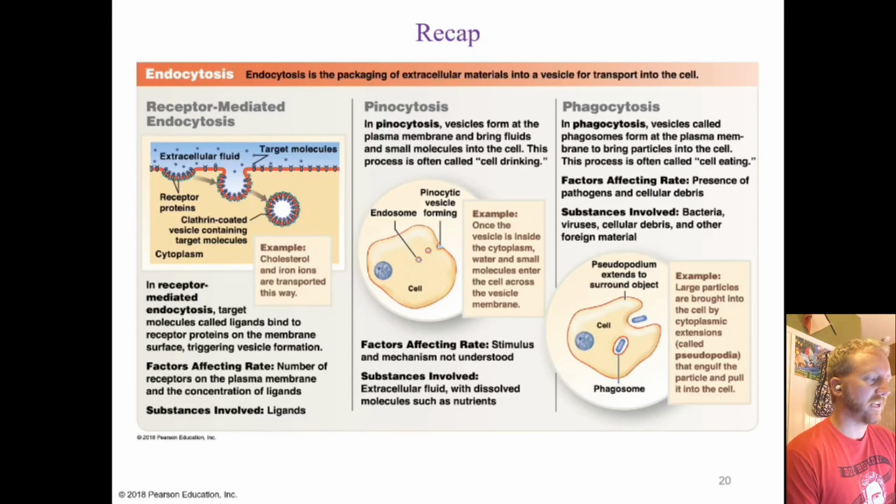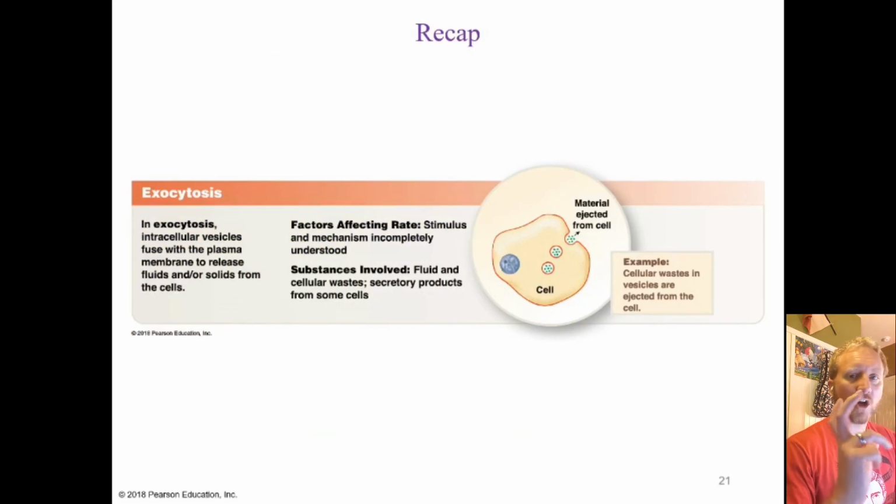You've got receptor mediated, where there's a triggering mechanism. Pinocytosis is water. Phagocytosis is bringing in very large substances. Exocytosis is ejecting large amounts of stuff, so for example, large amounts of waste are removed by exocytosis.